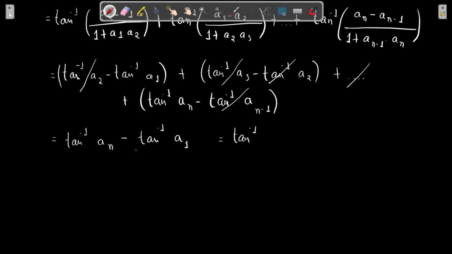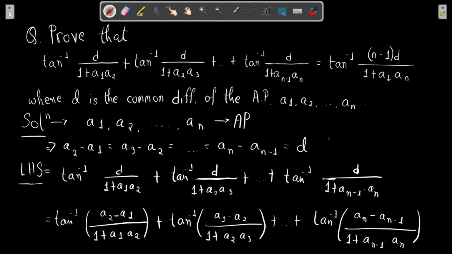Now we will again apply the tan⁻¹x − tan⁻¹y formula. So this will become tan⁻¹((aₙ − a₁)/(1 + a₁aₙ)). Now since this is an AP, we can use the formula for the last term, the nth term of an AP: the first term plus (n − 1) times the common difference.